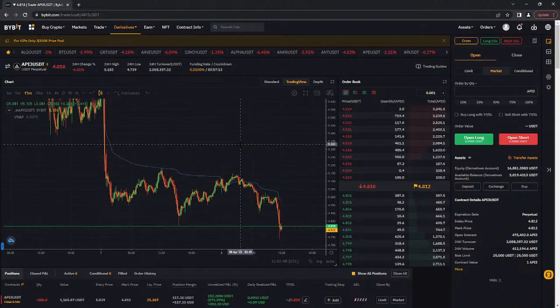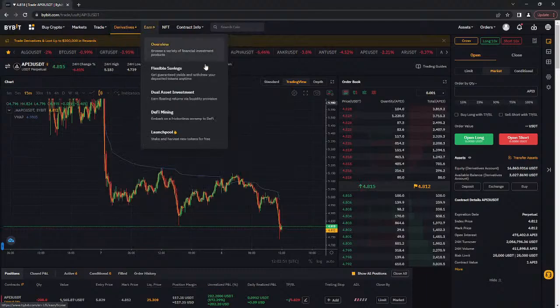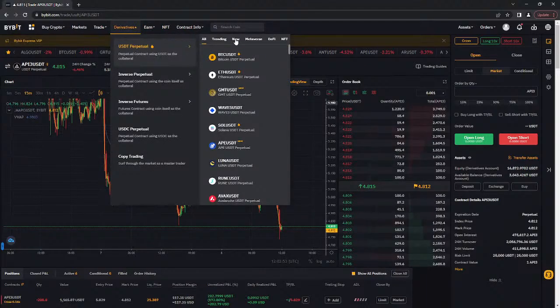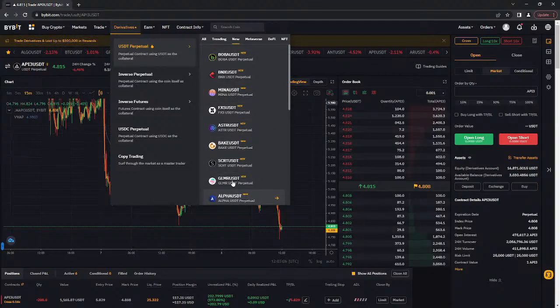So what I want to do is chart some altcoins, and I saw that 1, 2, 3, 4, 5, 6, 7 of these alts are new since the last time I checked, and I haven't charted these ones yet.